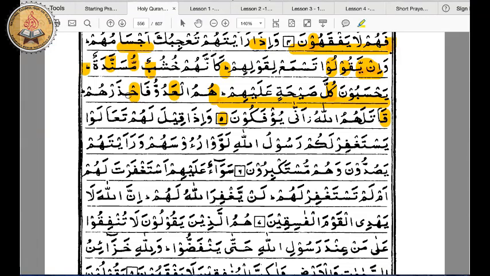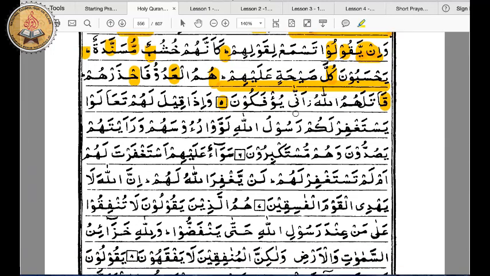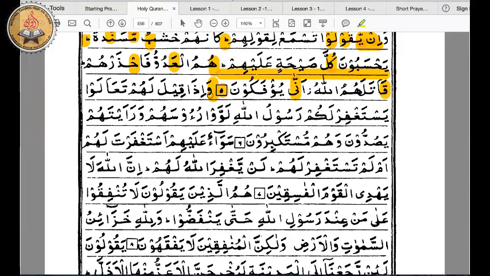This ha we're taking from our throat. Fahdharhum, فاحذرهم. And qatalahum, قاتلهم. Very good. And this noon over here, because it's a noon mushaddad, we're going to make a very strong nasal sound. Anna, أنا. Anna yu'fakun, يؤفكون. Excellent. Okay, carry on to the next verse, please.